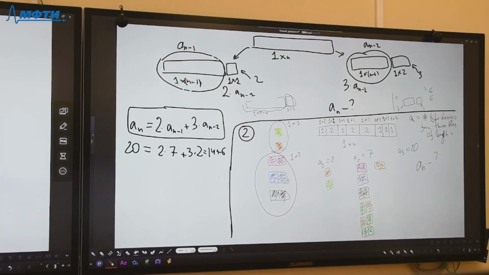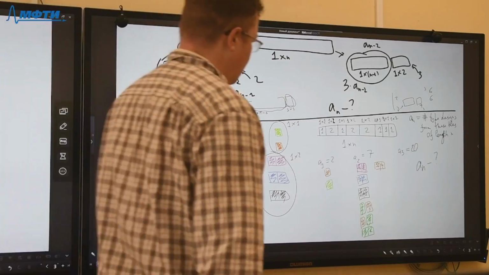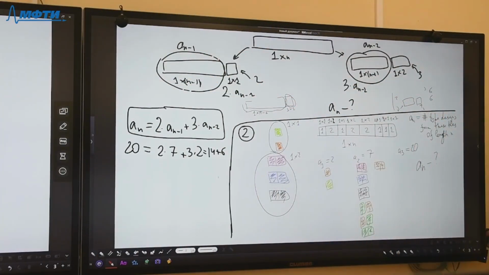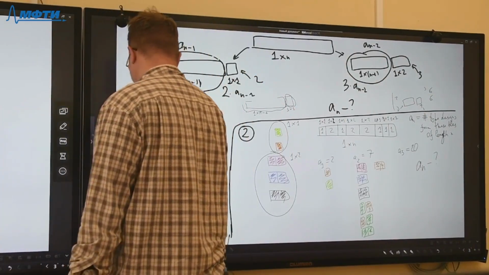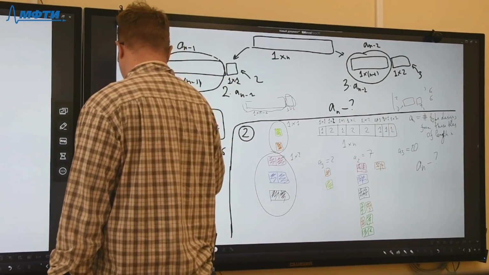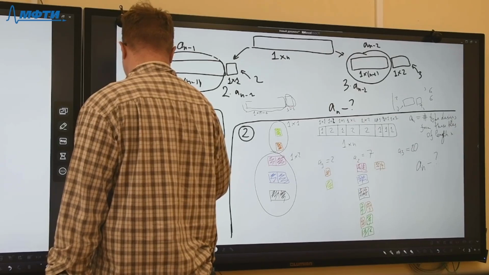Did you find the formula? Yes? So you find the roots, but now you need to find the coefficients. The algorithm is straightforward. You write the characteristic polynomial and find the roots.